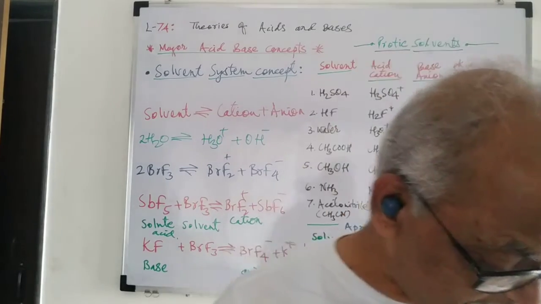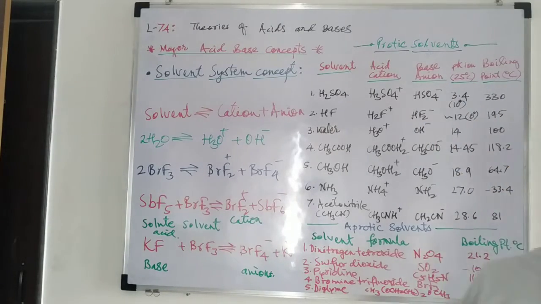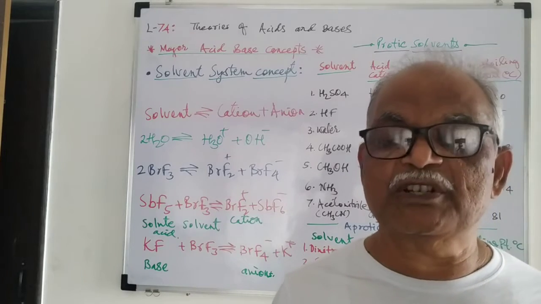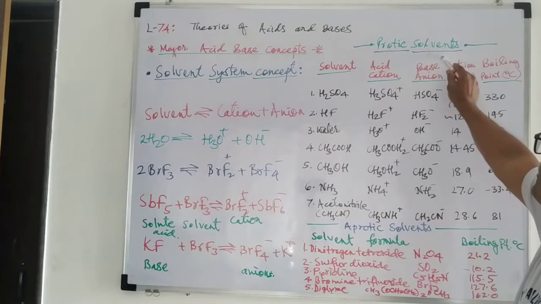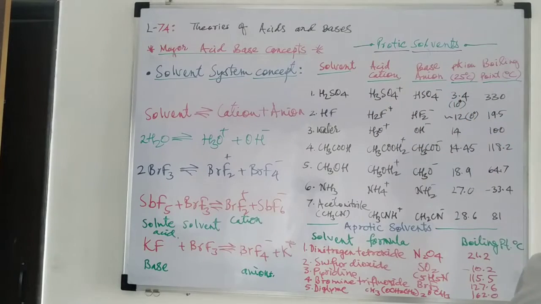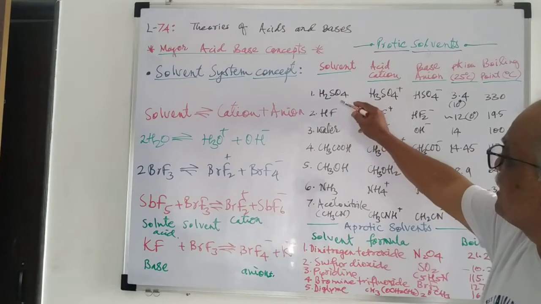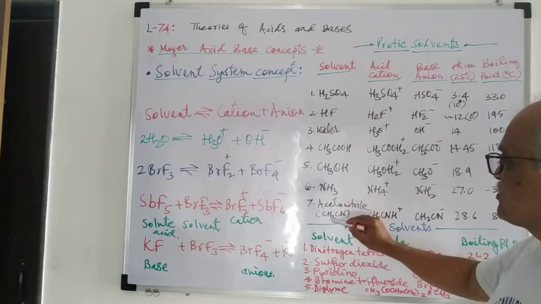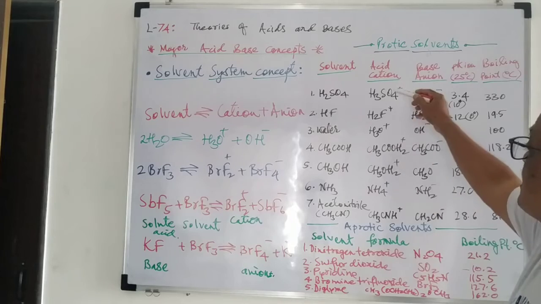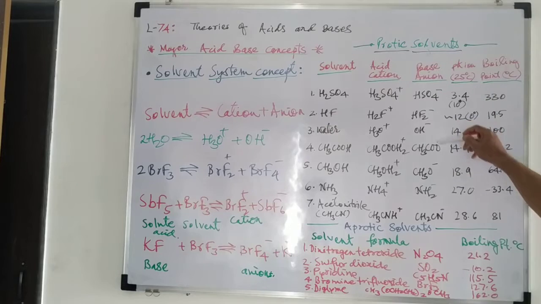So after the reaction between cation and anion, that is acid and base, there is formation of a solvent. Now, here you will find a table which shows the properties of acids and bases according to the different concepts. Protic solvents are solvents containing protons, such as H2SO4, HF, water, acetic acid, methanol, NH3, acetonitrile, etc. These are the acid cations formed after dissociation, and these are the base anions formed after dissociation.